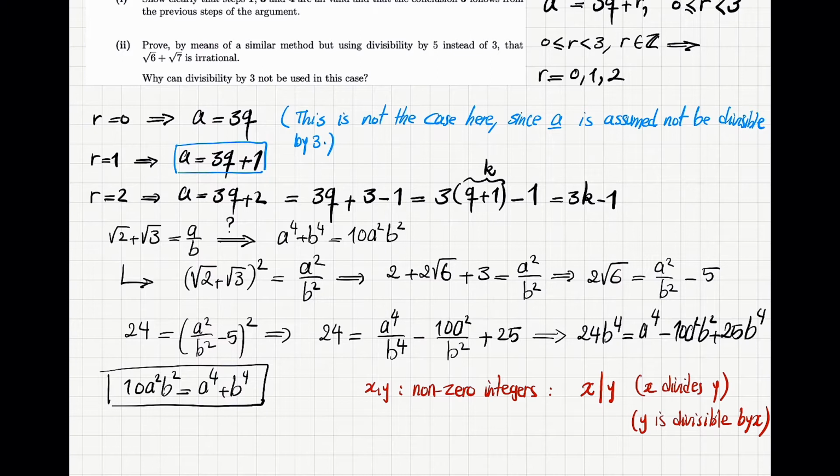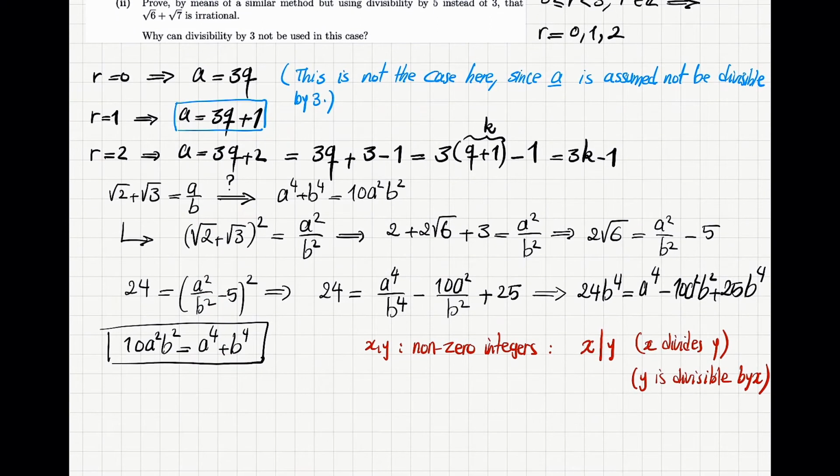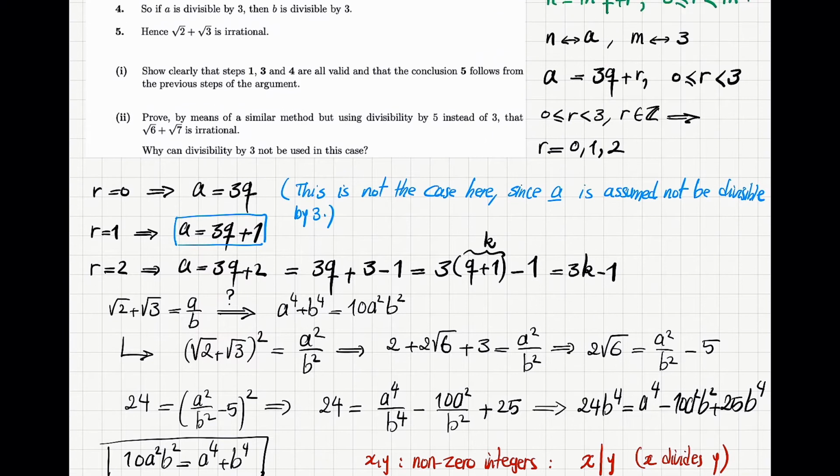So it's easier to use this notation here.